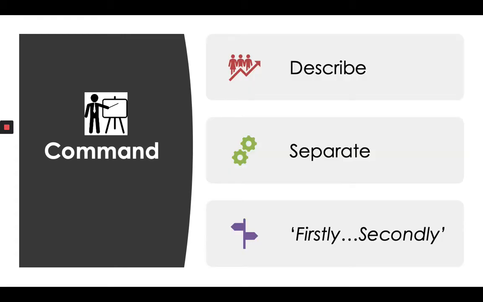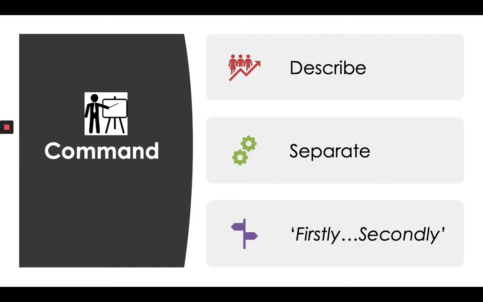The next one, the command word. Well, we touched on this before. You describe. Describe is different to the word explain, which you hopefully understand. With describe, you're laying out the features or characteristics. That's how the exam boards see it. Secondly, you need to have 2 separate points, as I'll explain later.